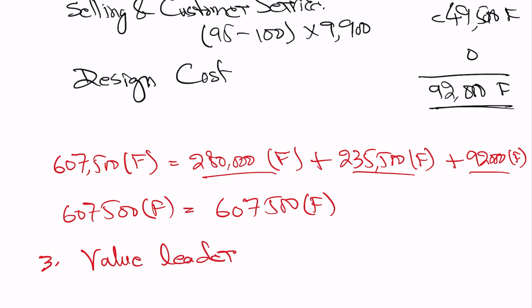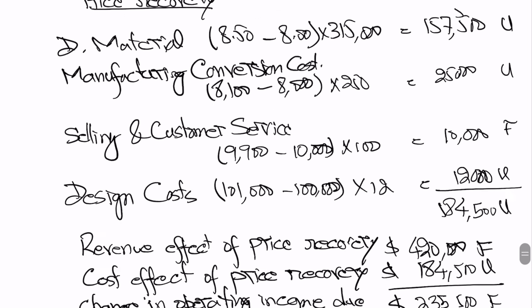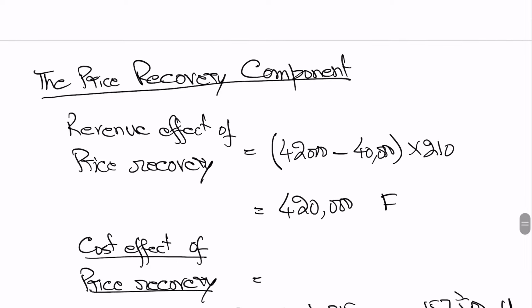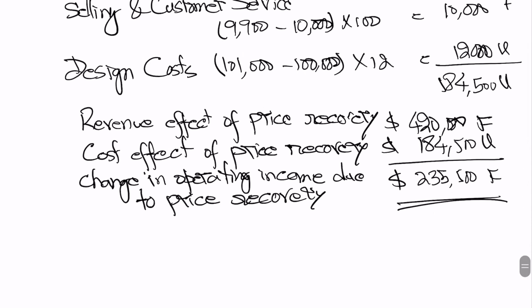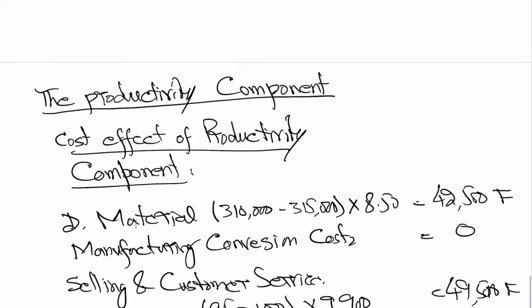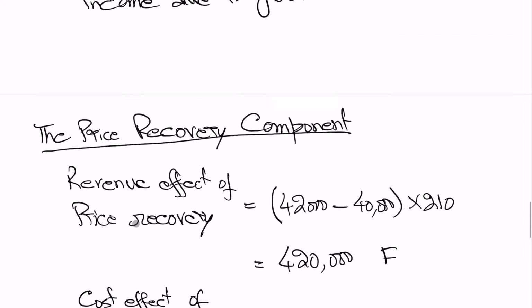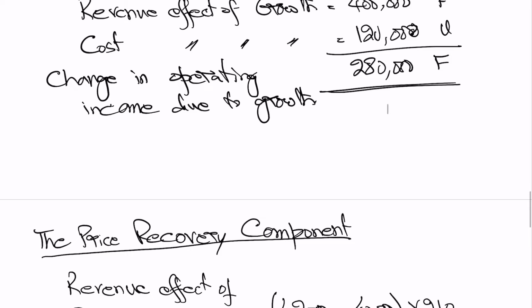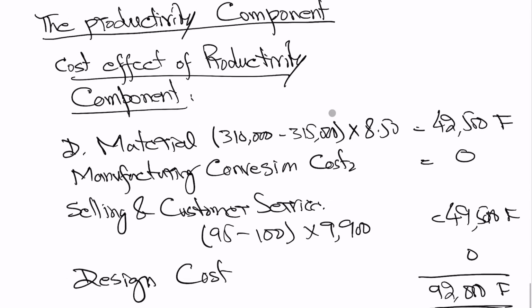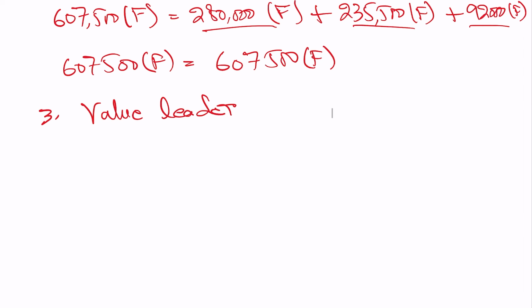Why? Because they add value to the customer, and we see the biggest change is in the change in operating income due to growth, which is 280. So we can say that they are using a value leadership strategy.